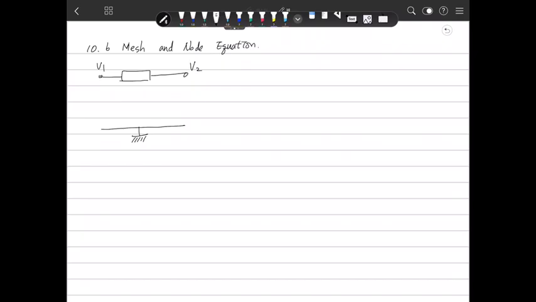This is the node voltage in the phasor. Then the element voltage VA is V1 minus V2. If this is a Z, then the current here is I, then I is V1 minus V2 divided by Z. This is a node equation, the component analysis.